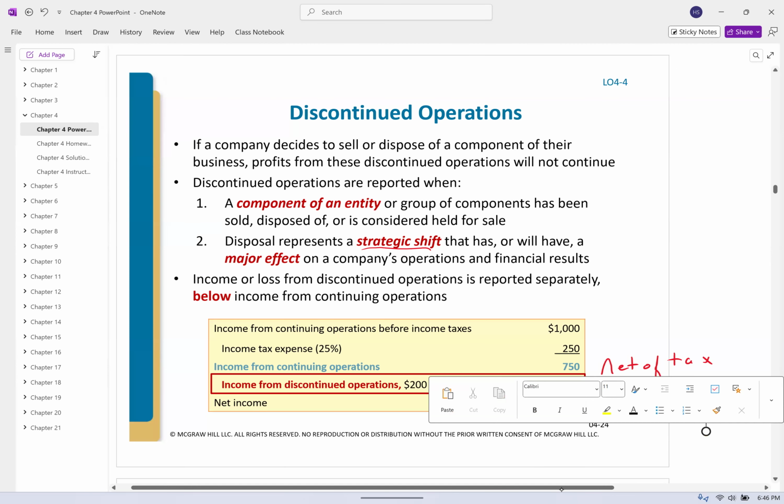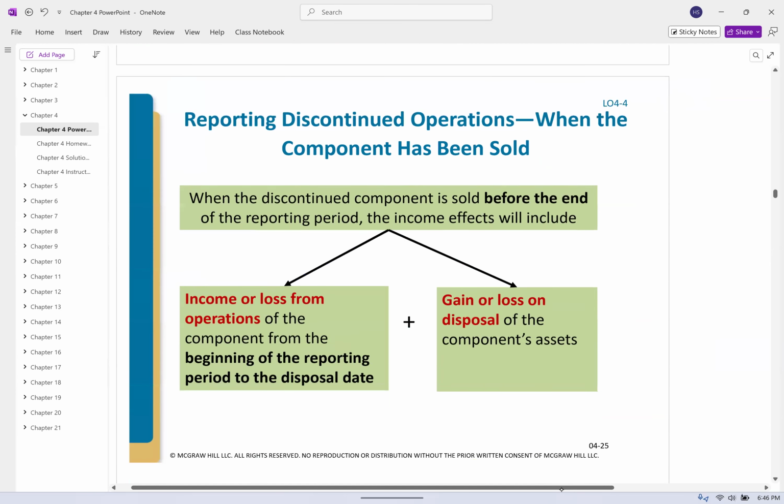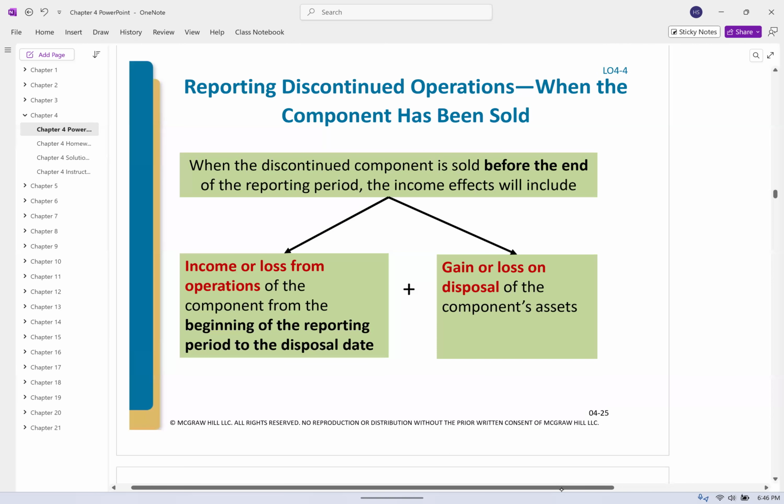Okay. So let's move on over here. There could be two different components to this. It could be the income or loss from the operations of the component, beginning of the reporting period to the disposal date. As soon as they figure out they're going to discontinue this component, it automatically enters this realm of it's going to be disposed of.